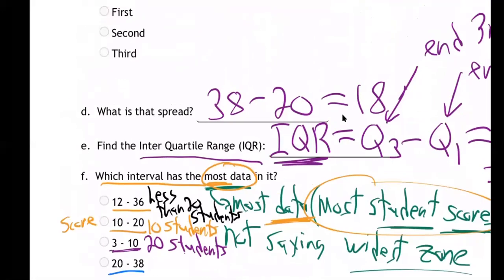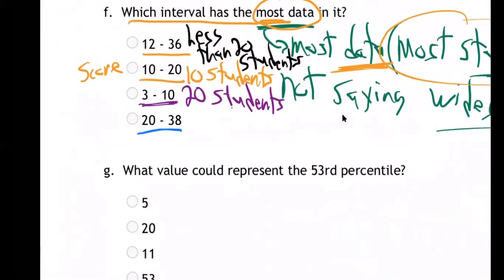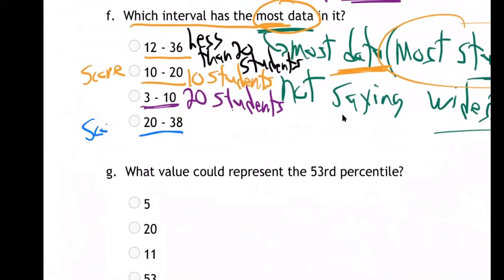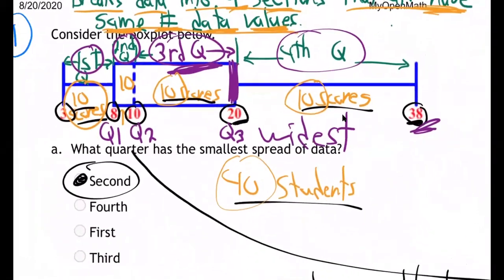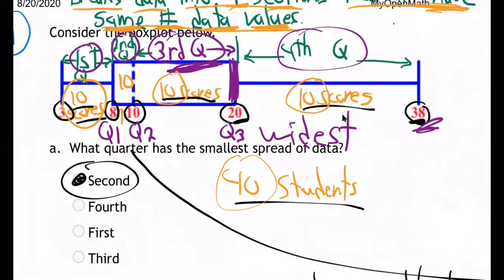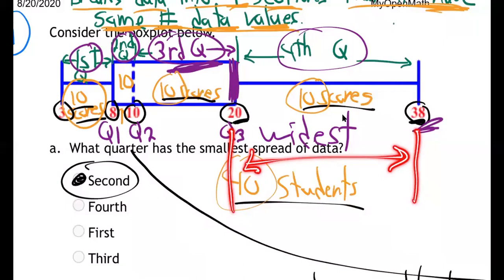Remember, these are all scores. As you look at the box plot again, here's 20, here's 38. What's the number of students that got a score between 20 and 38? 10, right? 10 students got a score between 20 and 38 on that quiz.